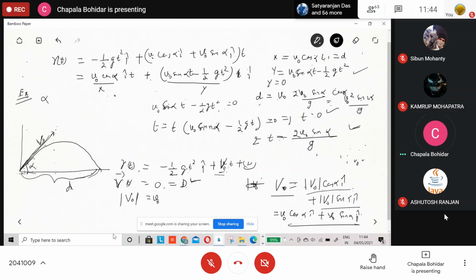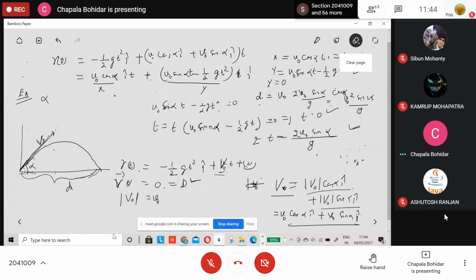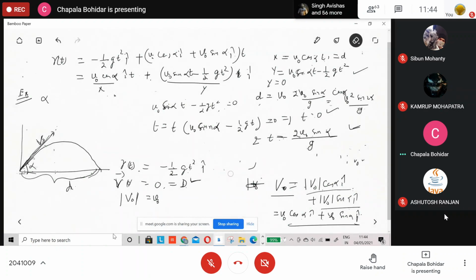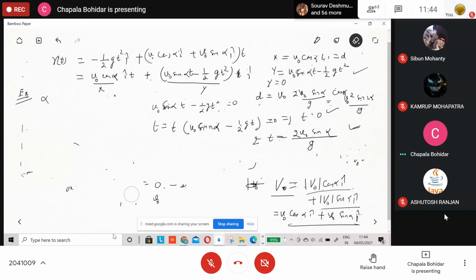Clear? So we get d is equal to v0 square sine 2 alpha by g. Okay? This part is okay? We got d is equal to v0 cos alpha t.